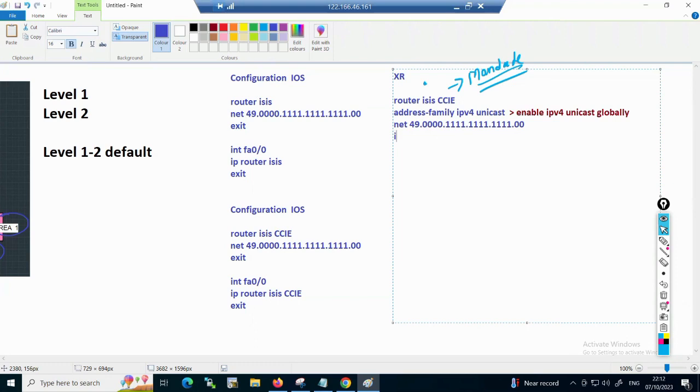Then I'll call the interface GigabitEthernet 0/0/0/0, and that's all. Then say address family IPv4 unicast, enabling ISIS on the interface.